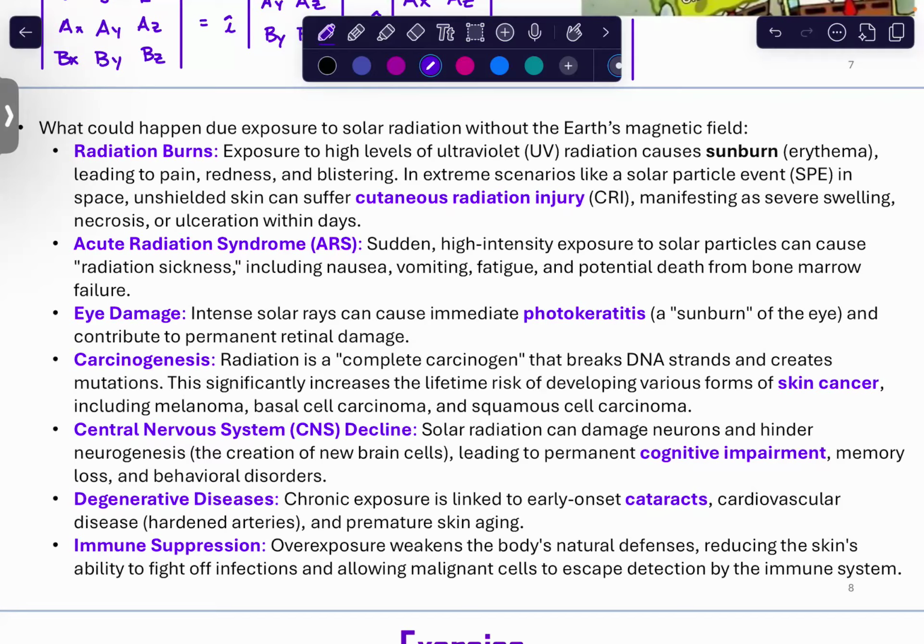Because why? What causes the Earth's magnetic field? The core doing what? Moving. So it's spiraling around. You get a lot of charges moving, which we're going to study. You get a magnetic field. Well, what's one thing that could cause that magnetic field to flip over?